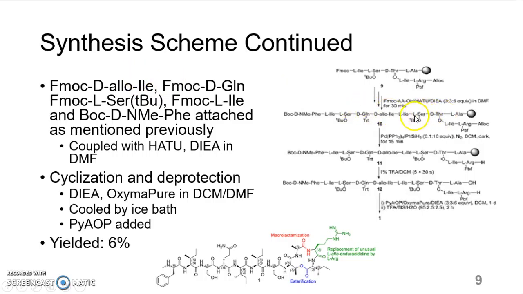So the rest of the amino acids after L-isoleucine are added just as previously mentioned. We deprotect the FMOC group, mix the amino acids with HATU and DIEA and DMF, and all the way until you have this peptide form.